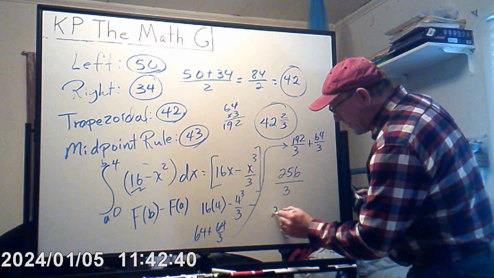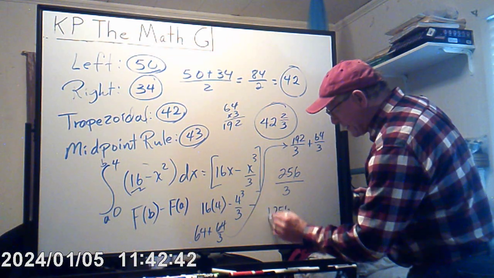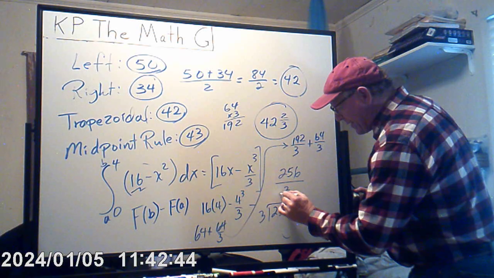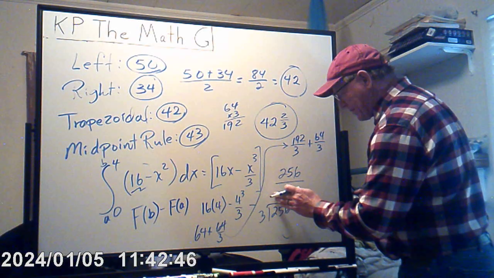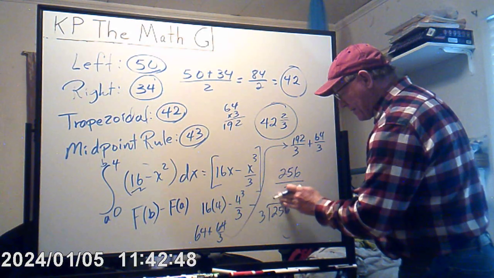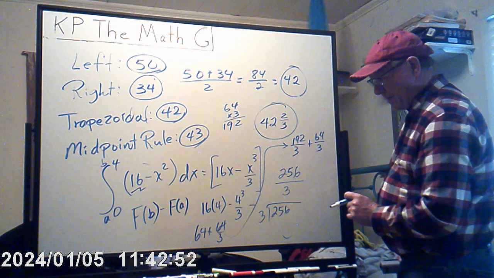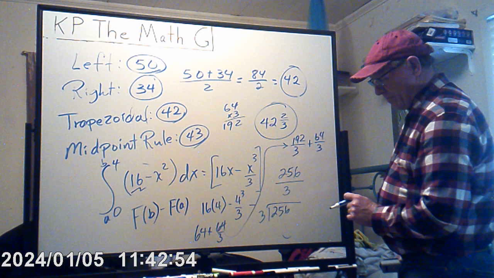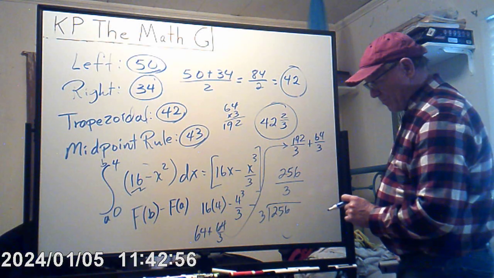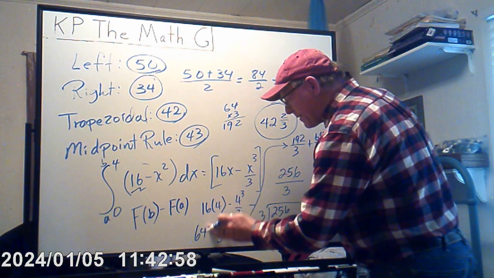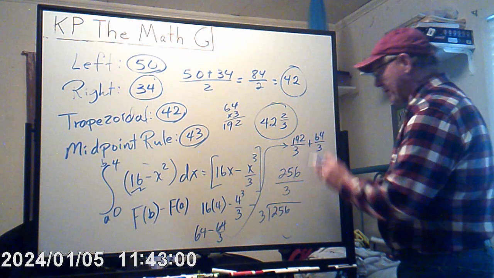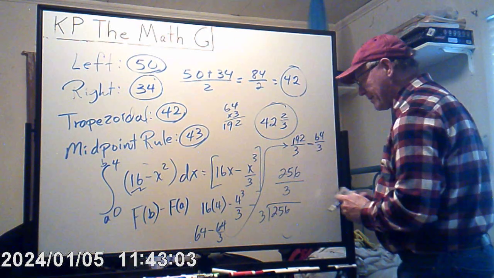So 256 divided by 3. What's going on here? It should be minus here. Okay, that would make a whole lot of difference there.